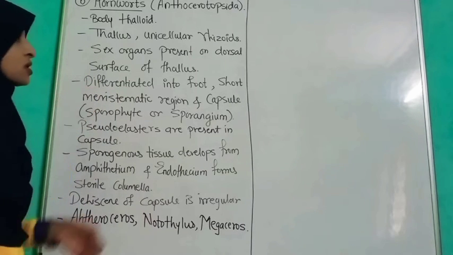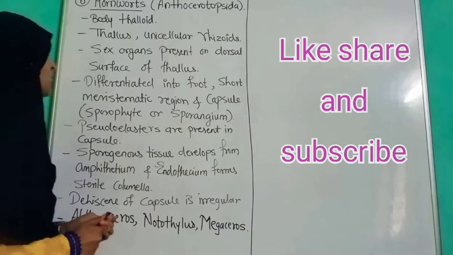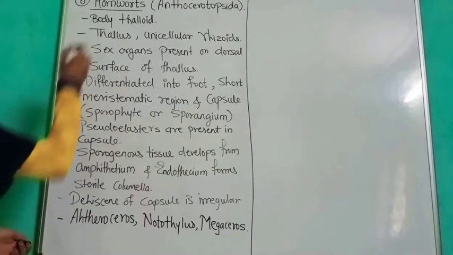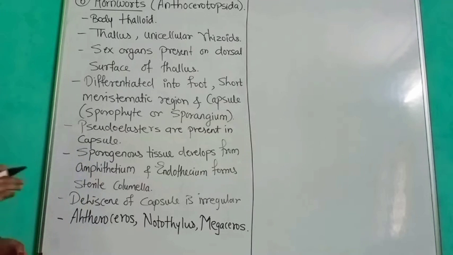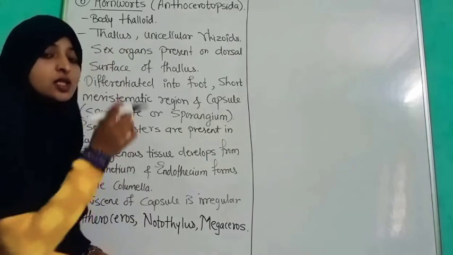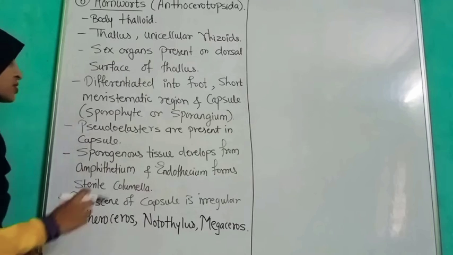Now we are going to discuss hornworts, that is Anthocerotopsida, which have a thalloid-like body, just like liverworts. The thallus contains unicellular rhizoids.